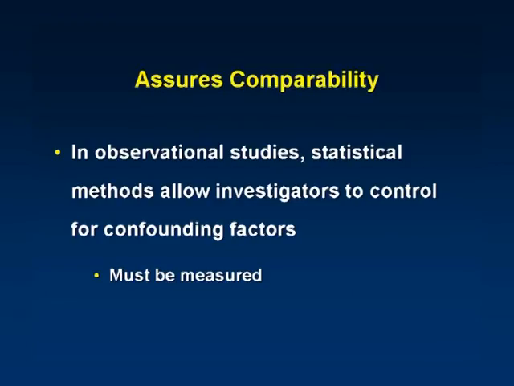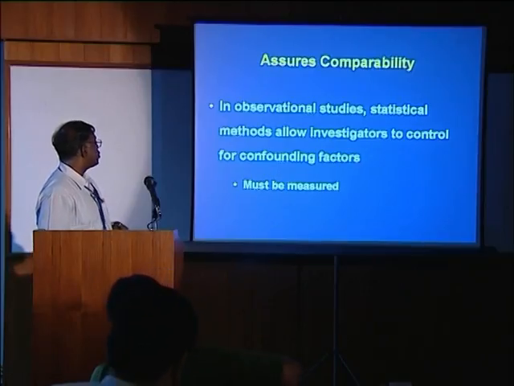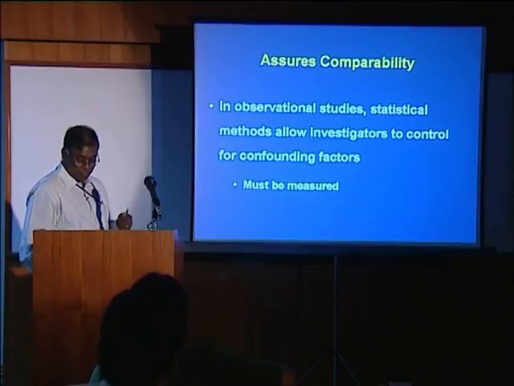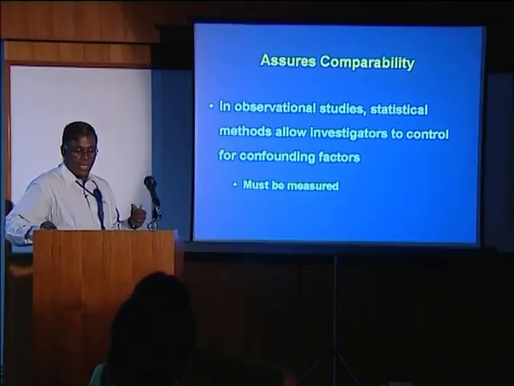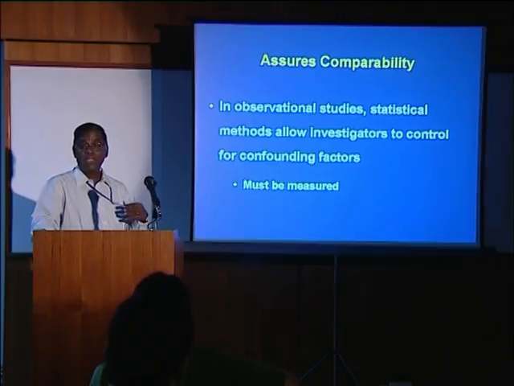So in observational studies, the statistical method allows investigators to control for confounding factors. But what is one of the criteria for that? See, in observational studies, there are confounders. I said you need not worry about confounders. You will have to worry more about bias, not the confounders.